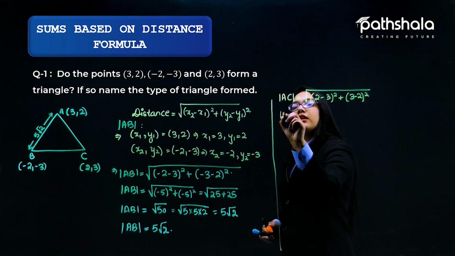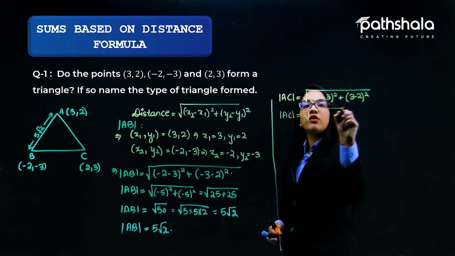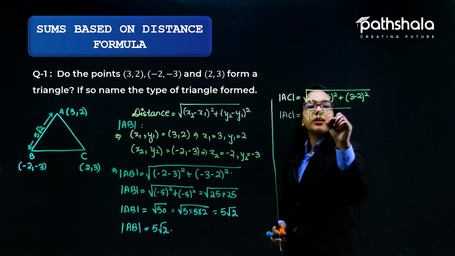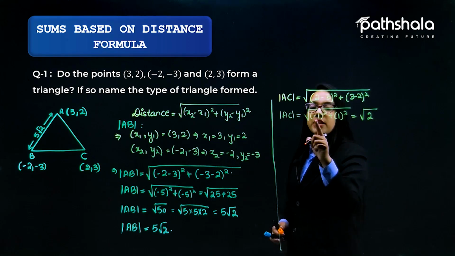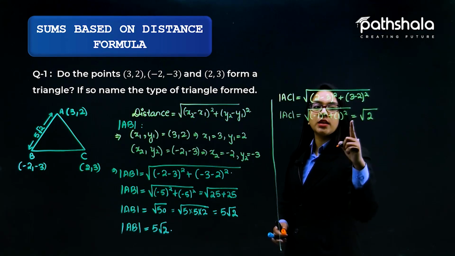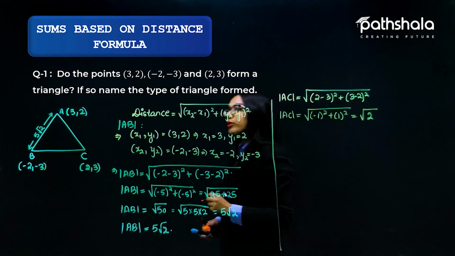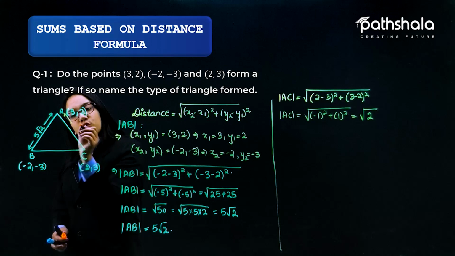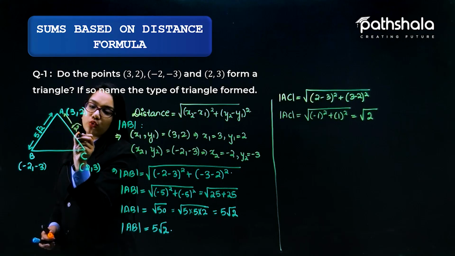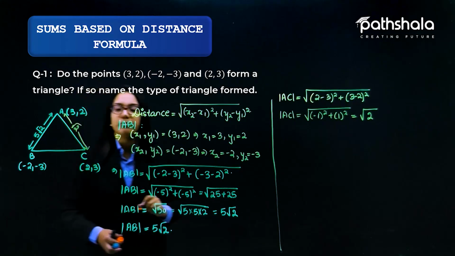AC is the square root of (minus 1) whole square plus 1 whole square, which is the square root of 2, because minus 1 whole square is 1, and 1 plus 1 is 2. So AC is coming out to be root 2. Let's talk about further BC.